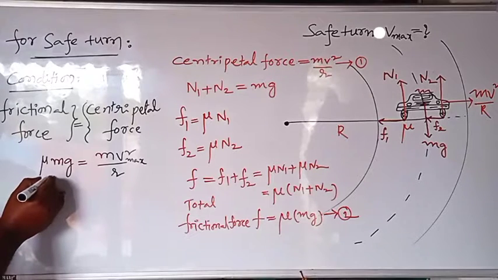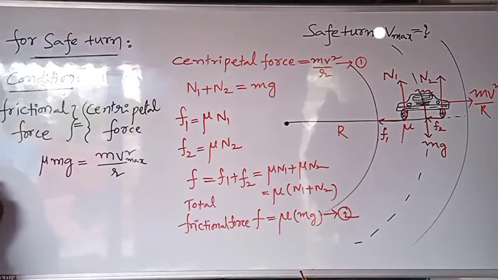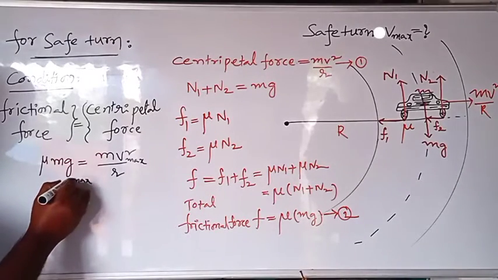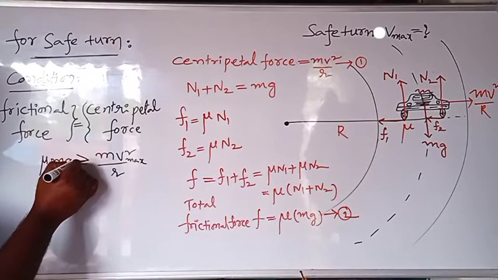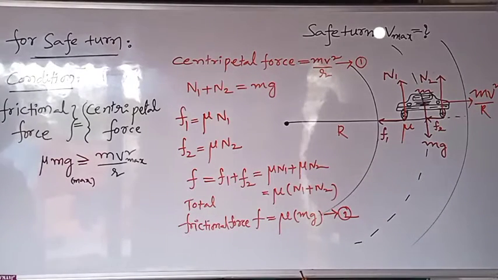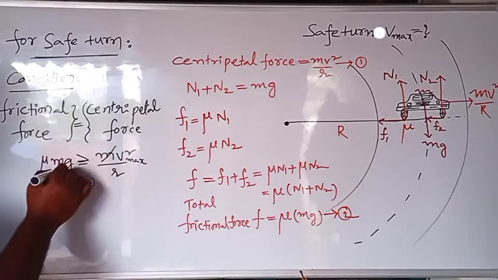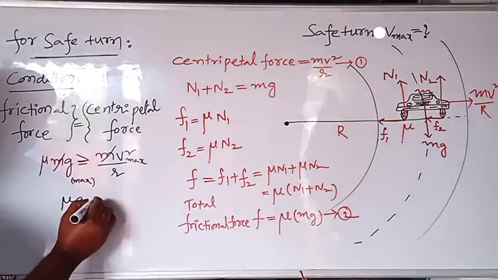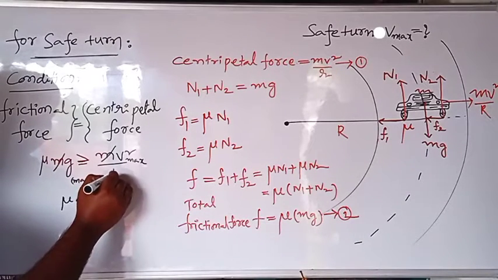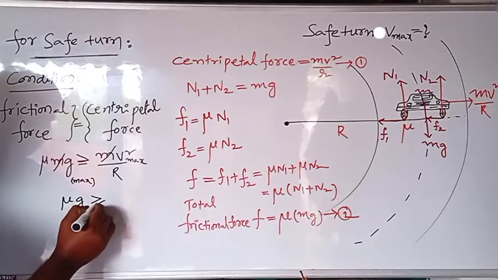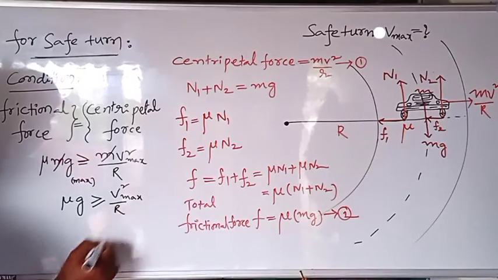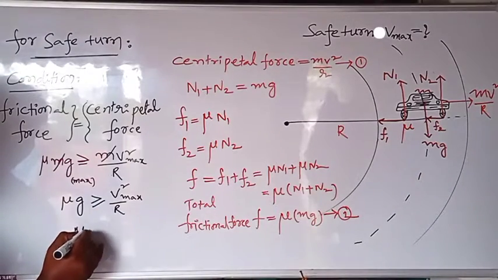For maximum velocity, here static friction is also maximum. That friction is called limiting friction. Here frictional force is a self-adjusting force. That's why when centripetal force increases, the frictional force also increases. On both sides, m gets cancelled. Remaining, mu g is greater than or equal to v square maximum by R. Here I am writing greater than or equal to because of the maximum static friction condition.